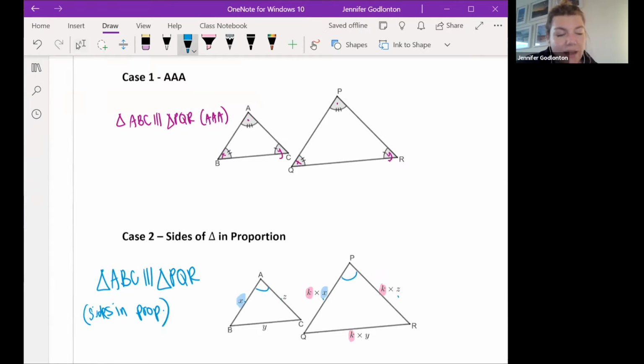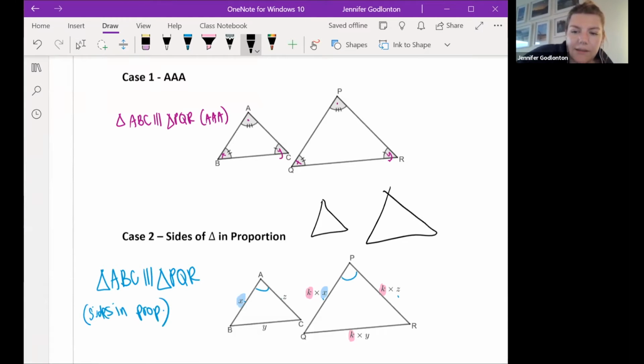You don't understand B. Okay, it looks more confusing here because there's a lot of letters. But if I had two triangles like this, let's just keep these letters the same, A, B, C, P, Q, R. In our triangle ABC, let's say my sides were 1, 2, 3.